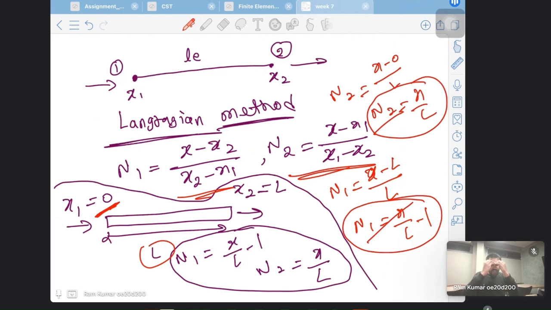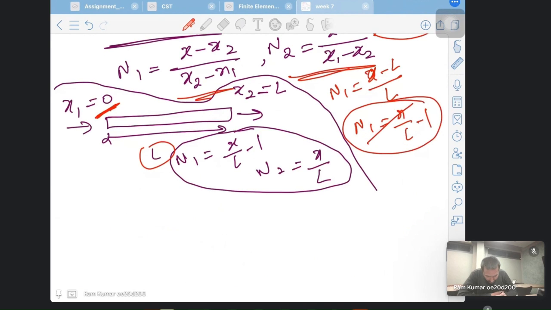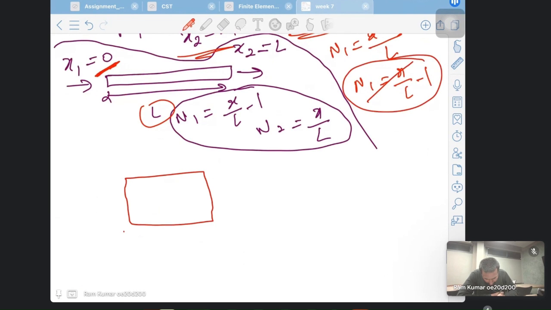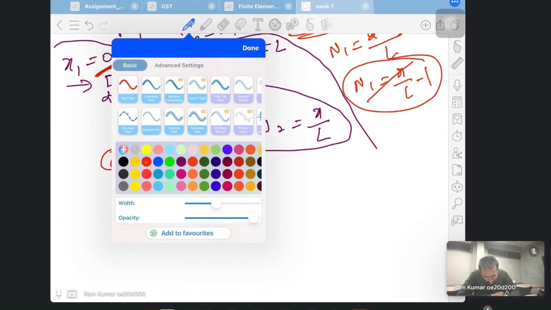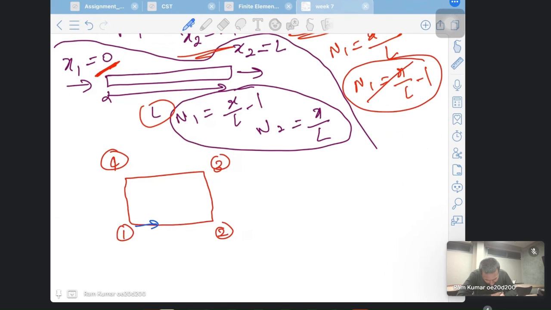Now, this is only in one direction. For example, we have a 2D element. This is a 2D element, with node 1, node 2, node 3, and node 4. This is moving in two directions, so each node will have x and y.